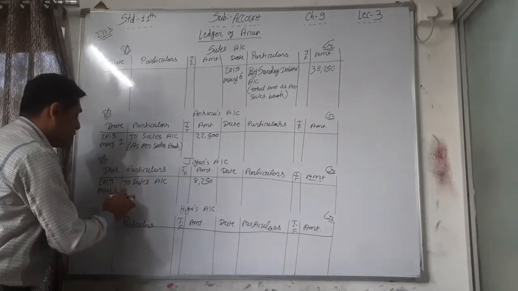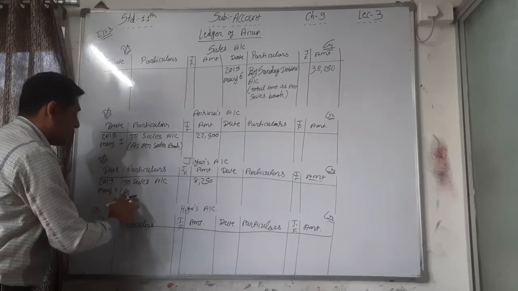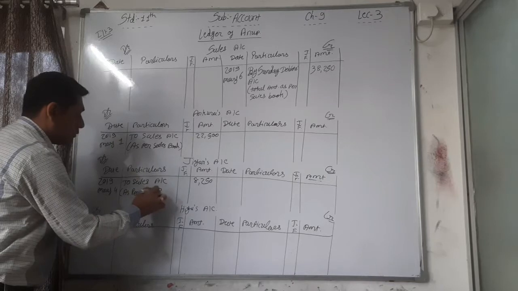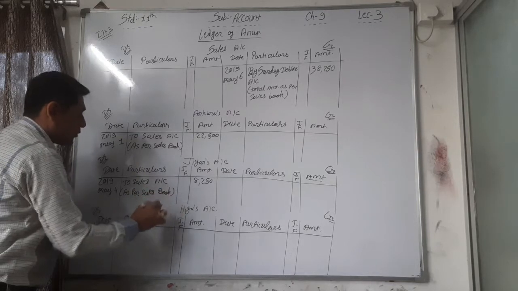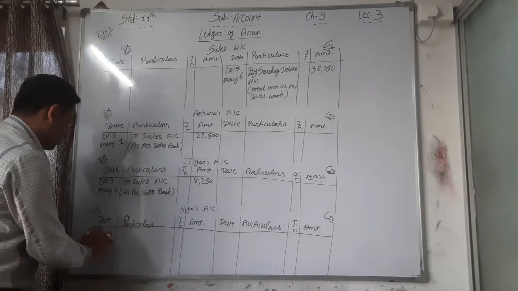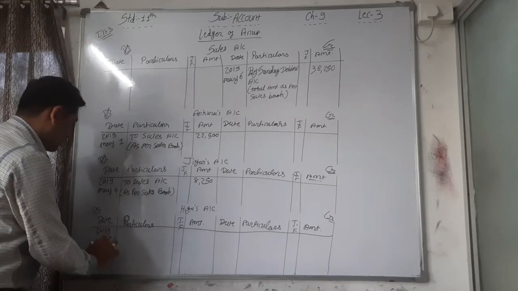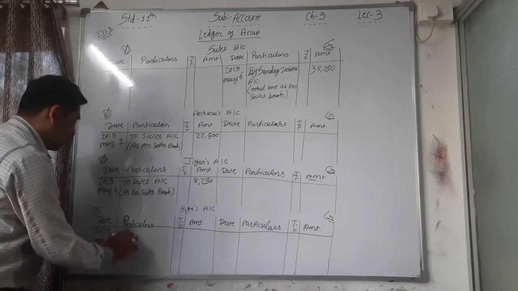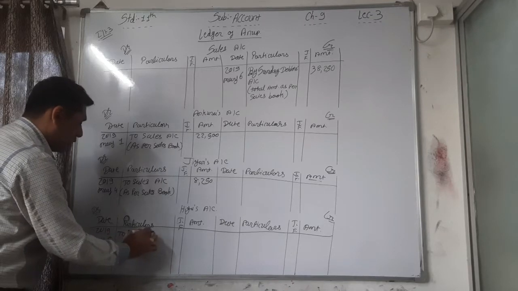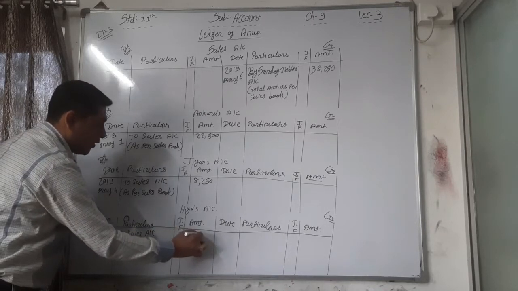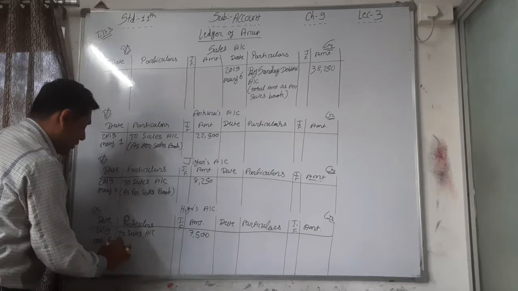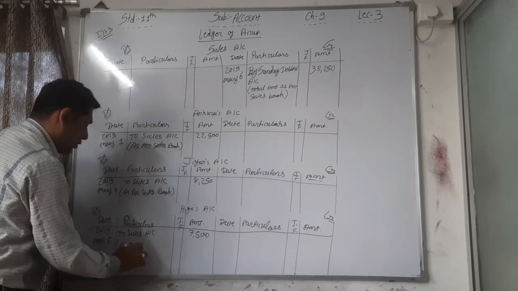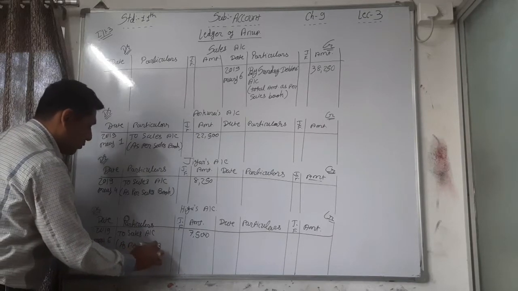Again, we are recording from the sales book, that's why as per sales book. And the last, 2019 May 6th, to sales account, 7,500, and again the conclusion as per sales book.